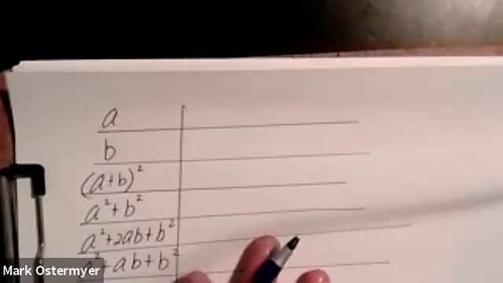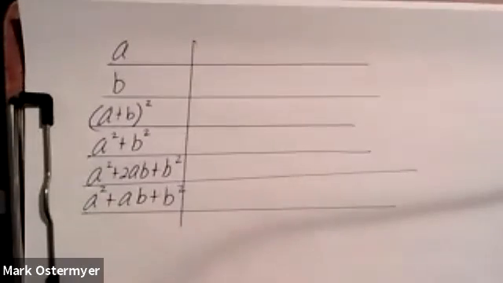Now, two of these things are saying identically the same thing. Which ones are saying identically the same thing? Can you see it? Two of these rows are equal to each other. Which ones? The third and fourth rows.